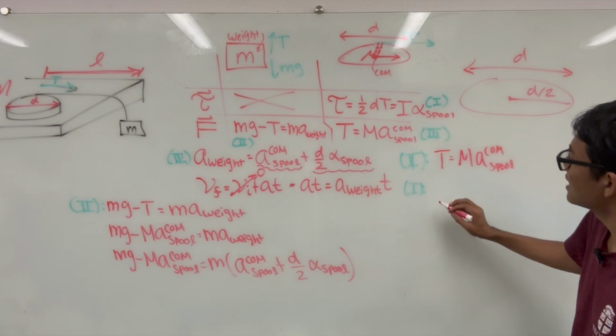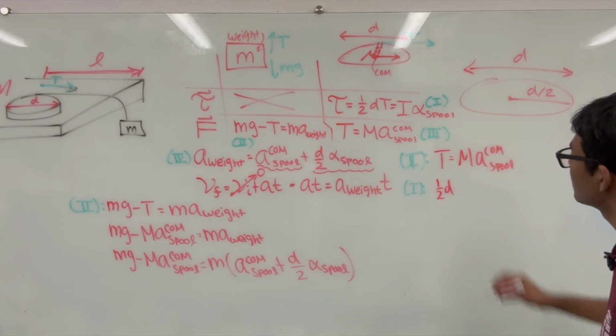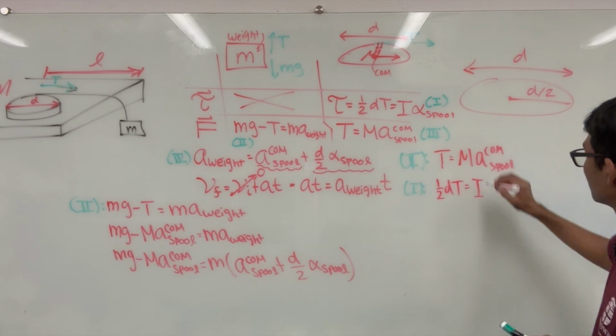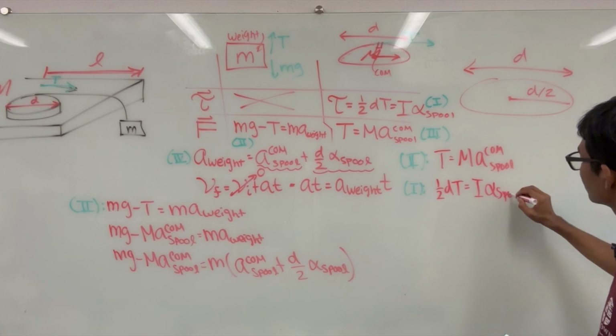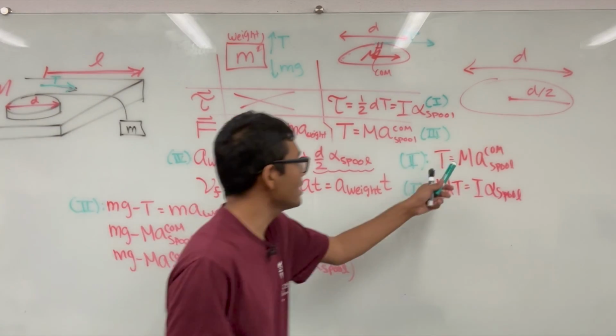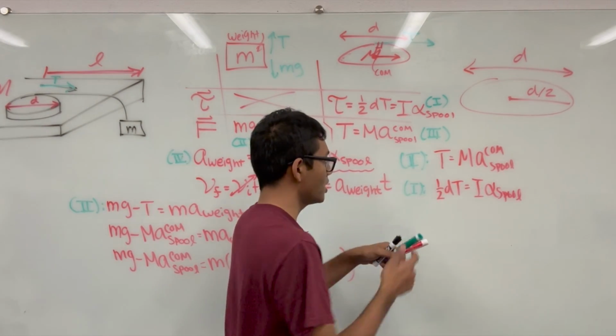Equation 1 tells us that the torque is equal to 1/2 times the diameter of the spool times the tension, and that's equal to the moment of inertia times the angular acceleration of the spool, right? Now notice something. If I multiply equation 2 by 1/2 d, then I should get equation 1, right?